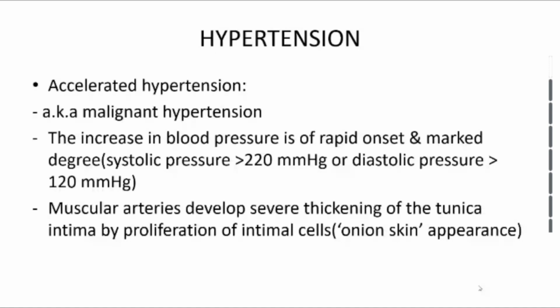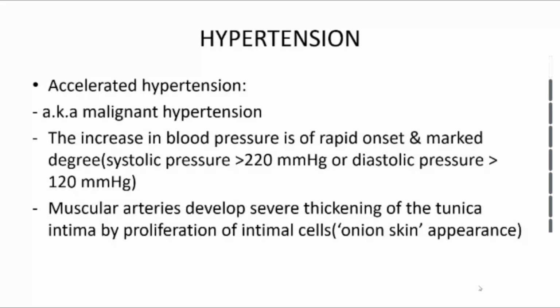Here we are talking about the systolic blood pressure, remember there is systolic and then diastolic, of more than 220. You remember the very normal blood pressure we talk about, which rarely anybody attains, around 120/60. That is, the systolic is 120, and the diastolic is around 60. You can see here the blood pressure goes over 220 millimeters of mercury, and then the diastolic pressure more than 120 millimeters of mercury. That is very high and it is rapid.